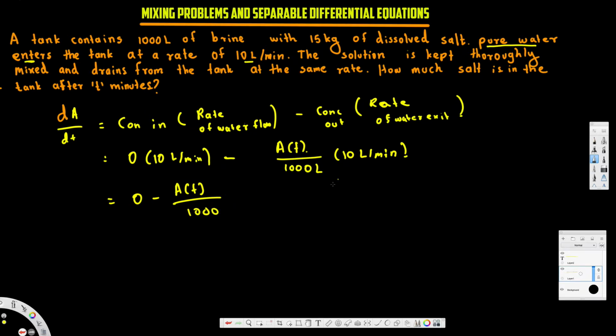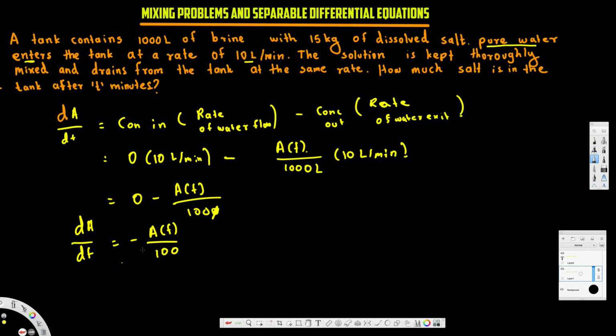So let's forget about the units for now. Multiply by 10 and one of the zeros cancels, so we can write it as minus A of t over 100. Now we can simply write this as dA/dt is equal to negative A of t divided by 100.